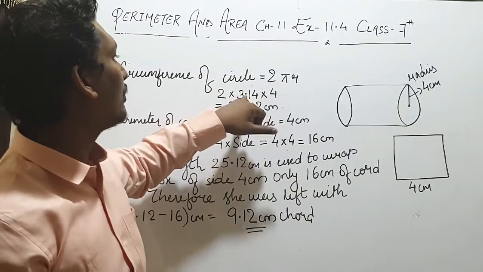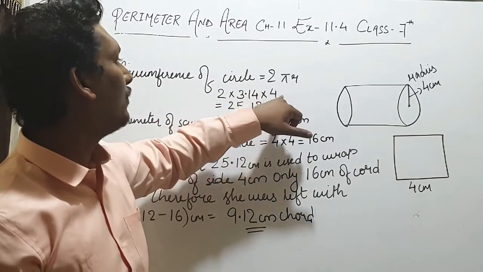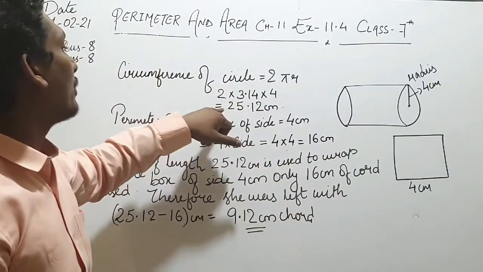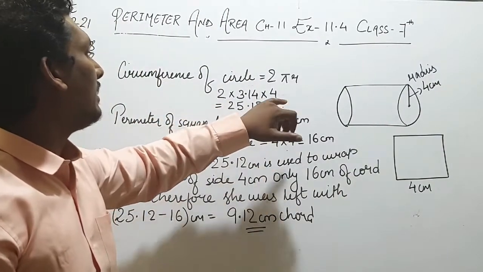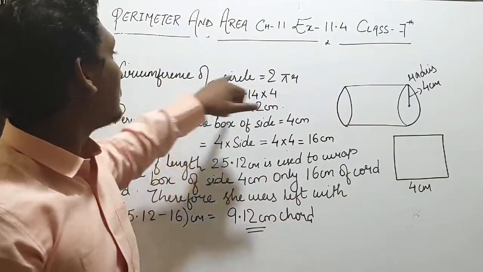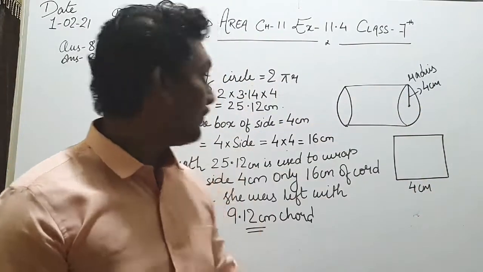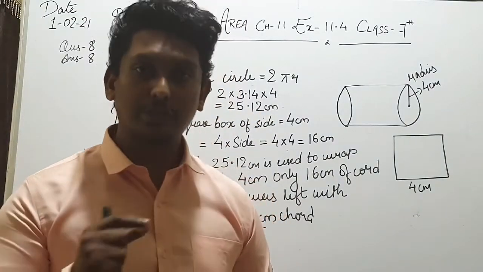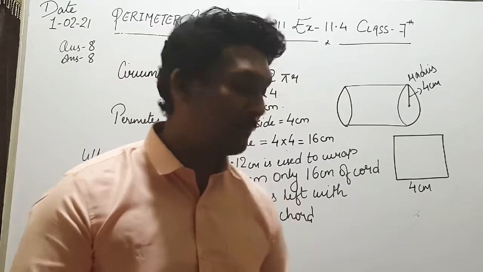So 2 into 3.14 into 4. Why 4? Because the radius is given as 4 cm. So 25.12 cm cord is used for wrapping the circular pipe.